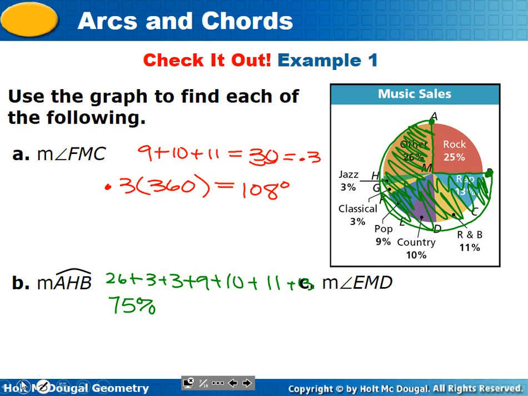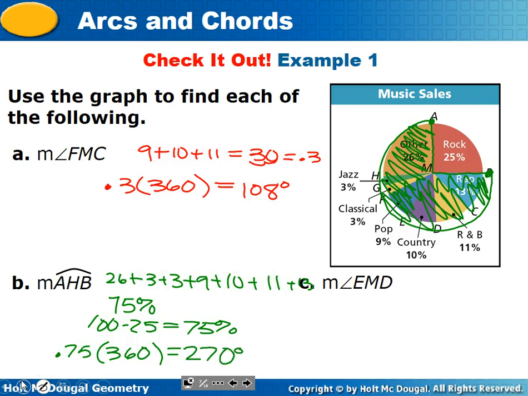So I could have also done 100 minus 25, and that is again 75%. Now we need to turn this into a decimal again. So we multiply 0.75 times 360. That is equal to 270 degrees.